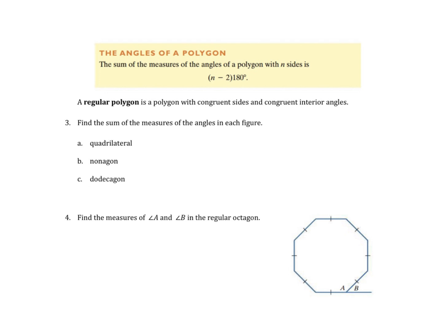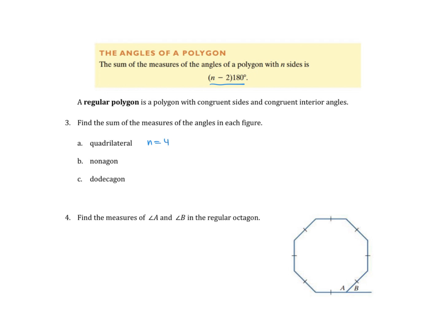Now we're going to talk about how to find the sum of the angle measures in any polygon with any number of sides. We can use this formula: n minus 2 times 180. So we're going to take the number of sides minus 2 times 180. So for example, in 3a, a quadrilateral has 4 sides.